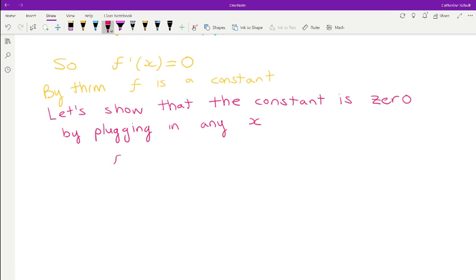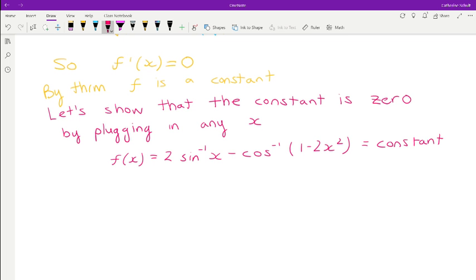Let me remind ourselves, myself included. This is our function. It's a big one. And it's a constant. We're going to show that constant is 0.